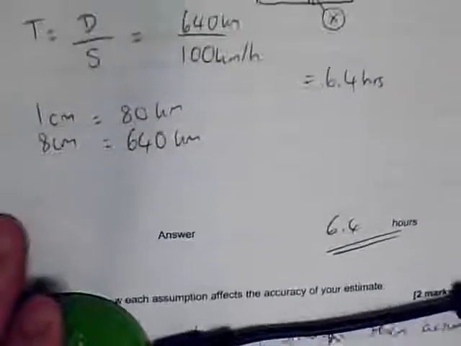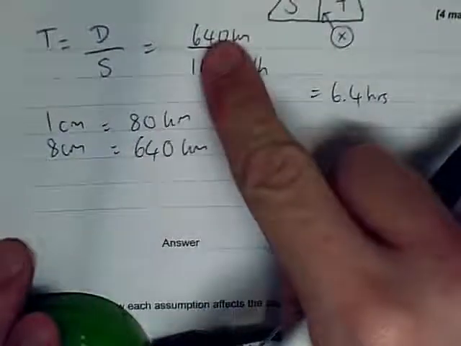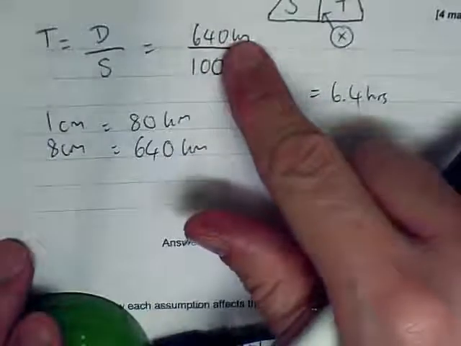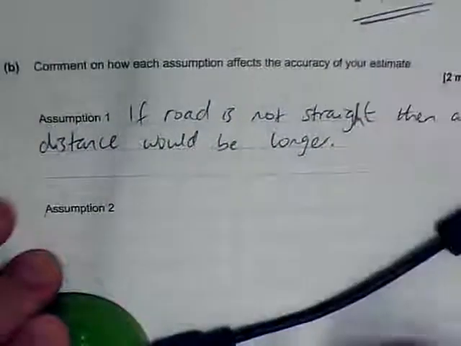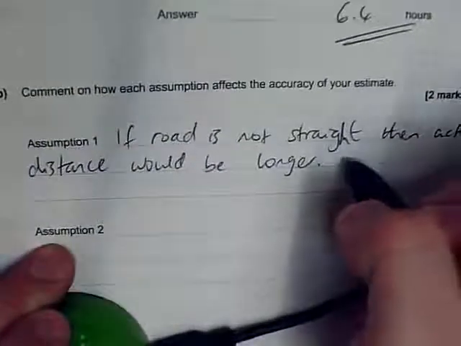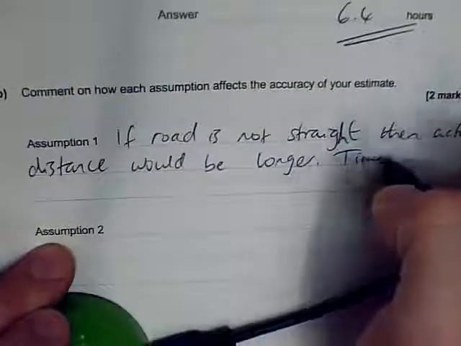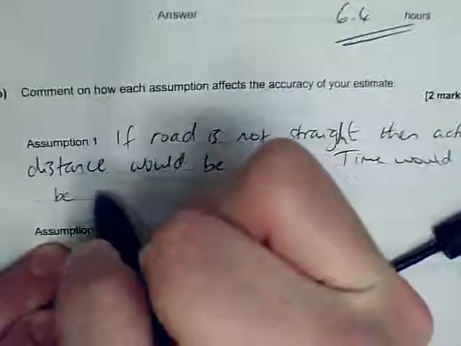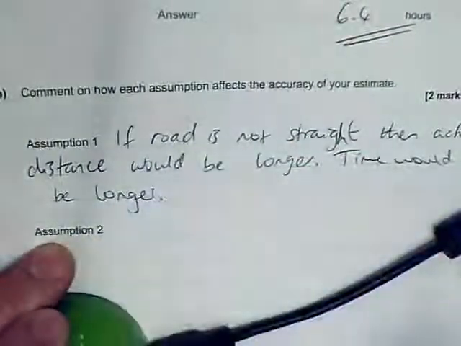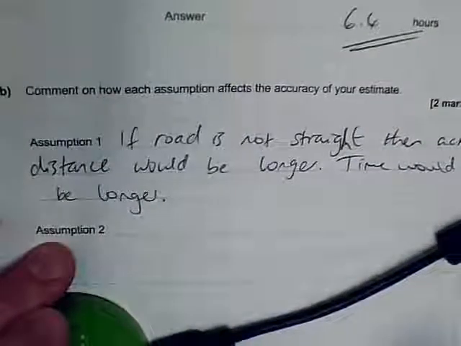And if the distance is longer, so say it wasn't 640, say it's more like 800 or 1,000 kilometres, then obviously the average time would be higher. So the time, so something to that effect.